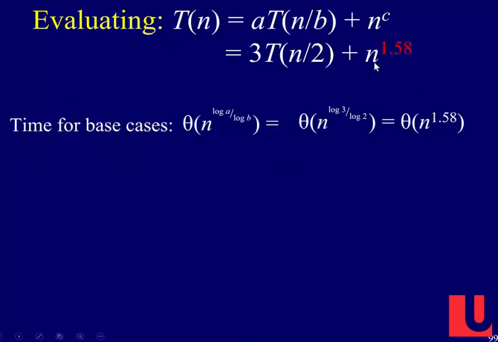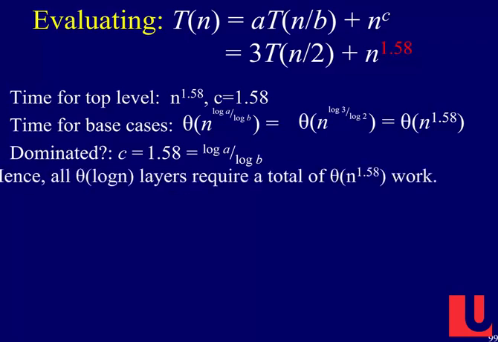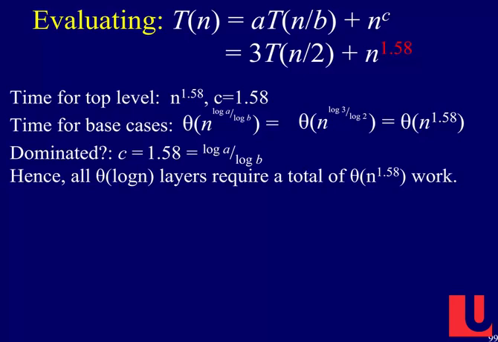All right, so now let's do another funny case. Let's say a really weird thing. I happen to spend n to the 1.58 time at the top level. Then c is 1.58, and log A over log B is 1.58, so they're equal. And what happens is, remember, the tree is always order log n in length.